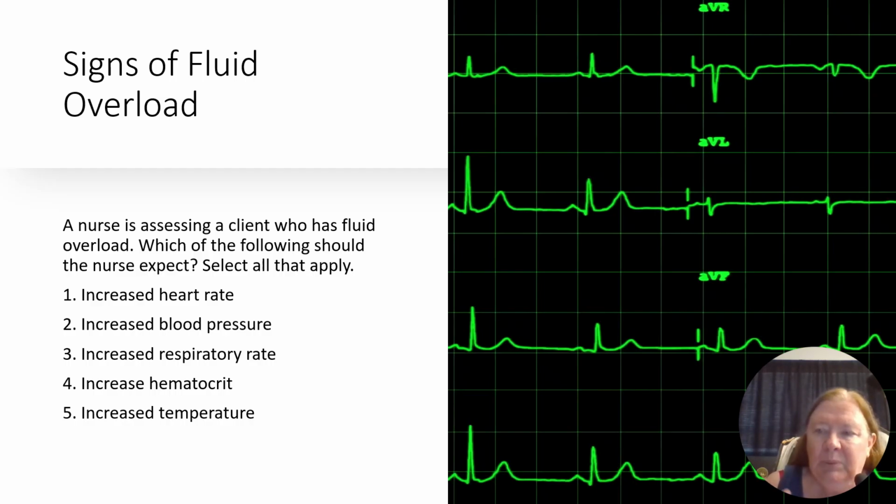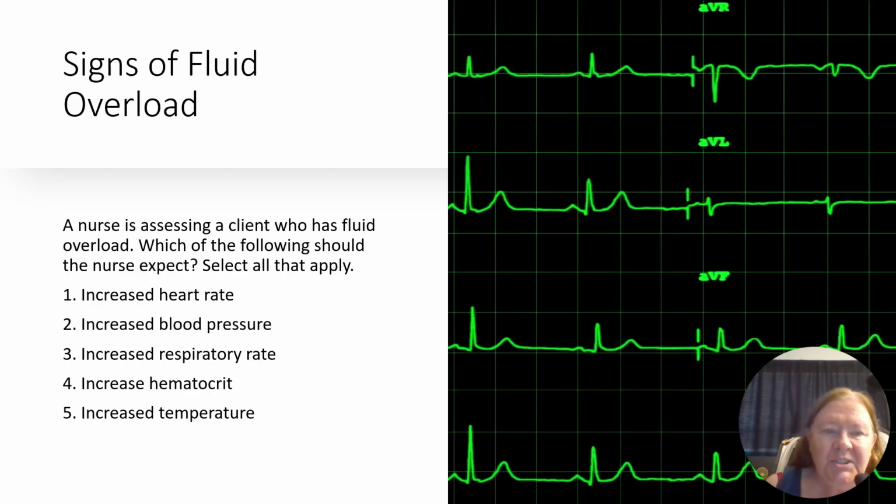So you think about it this way. Think about blood and fluid. If we're talking about more fluid, there would be less blood. If there's more blood, there would be less fluid. So that's a way to think about it.